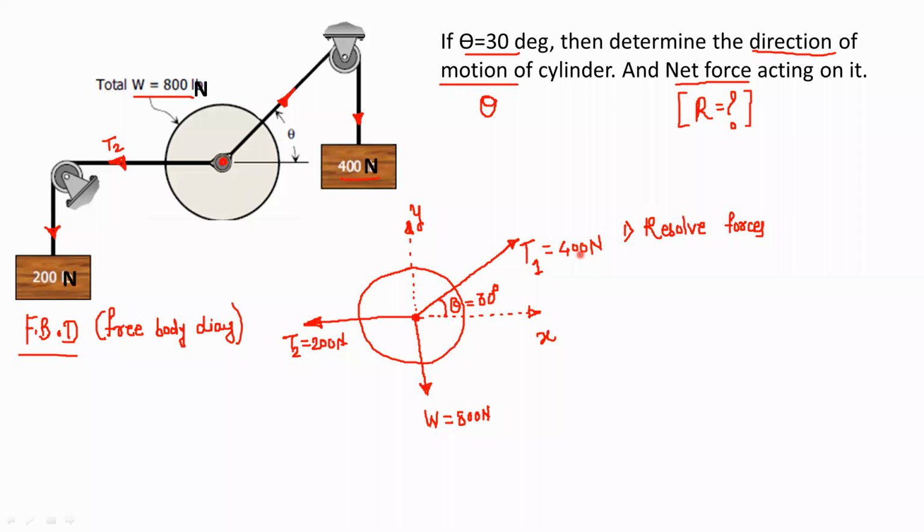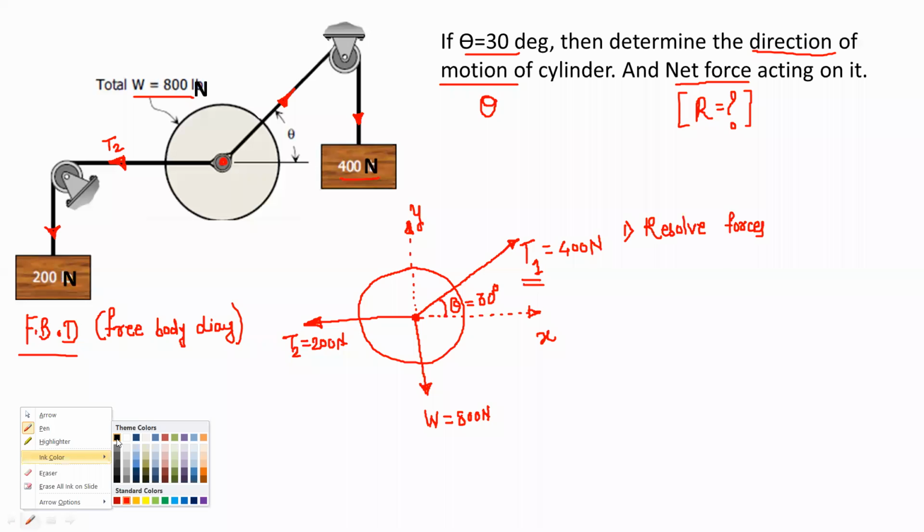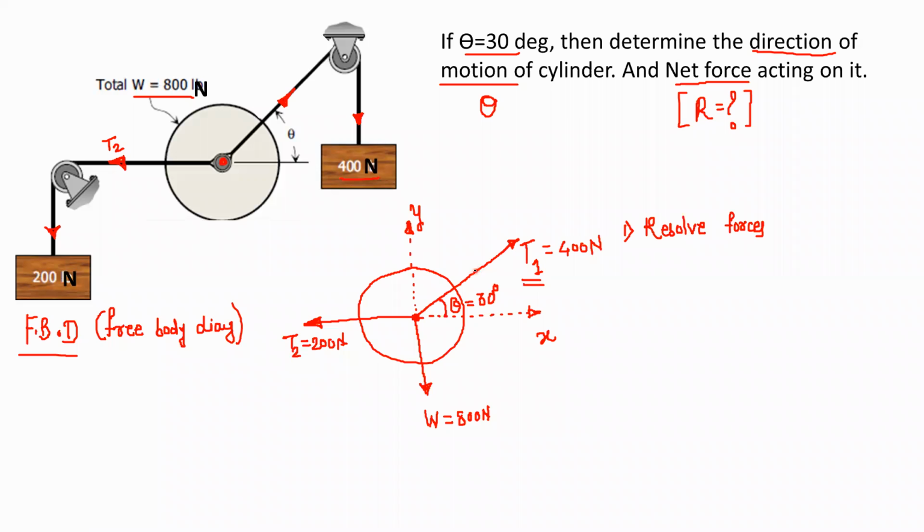So for the resolution, let us assume T1 is 400 Newton. You can select any point on this line. So select this point, draw the vector parallel to the y axis. So this will be your y component. Draw the second vector parallel to the x axis. So this will be your x component.